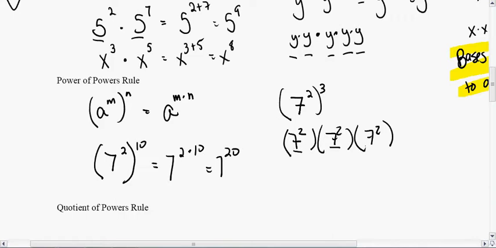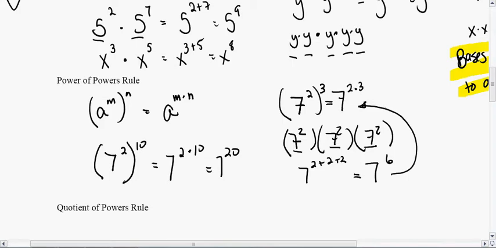The bases are all the same. They're all 7s. So I've got 7 to the 2 plus 2 plus 2, or 7 to the 6. But notice that's the same answer I would get if I just multiplied those powers together. 7 to the 2 times 3 is also 7 to the 6th power. Sometimes that can get a little confusing.